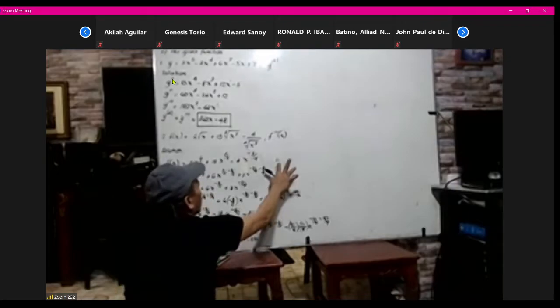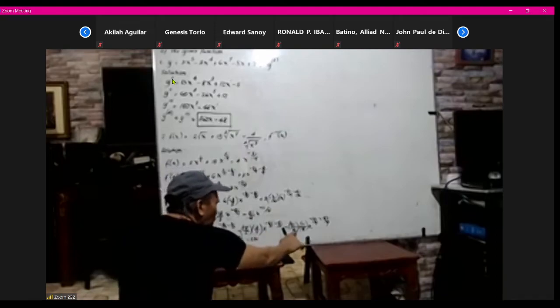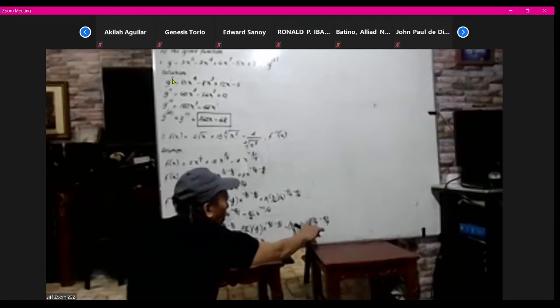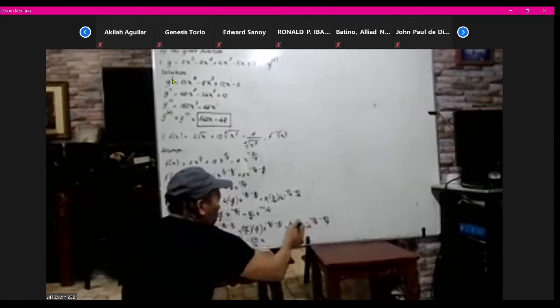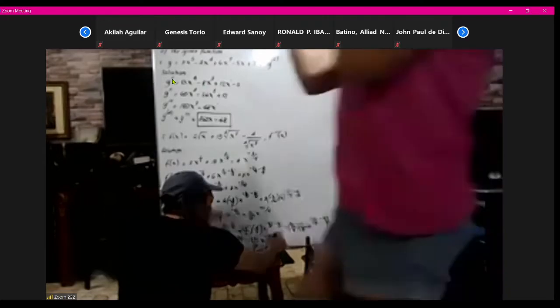Okay, tanggal na natin to. Negative 231 all over 4 times 4, 16. Then x, negative 11 minus negative 4. Answer natin is negative 15 over 4.